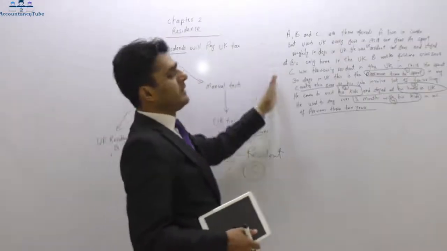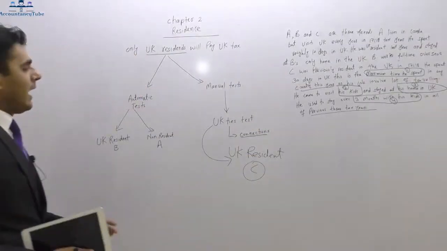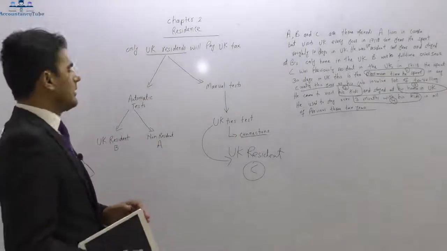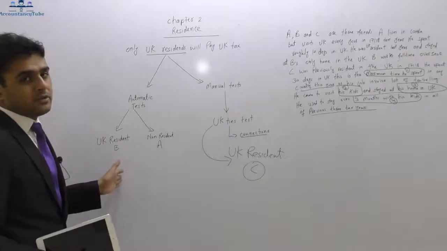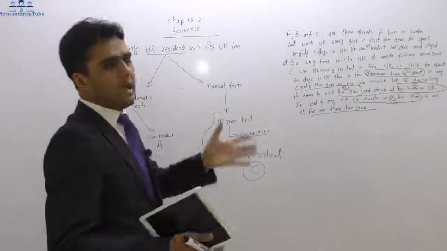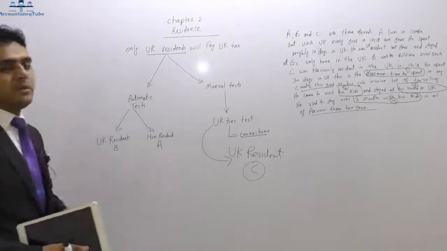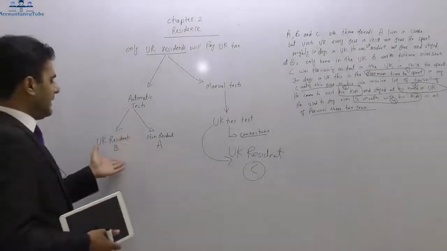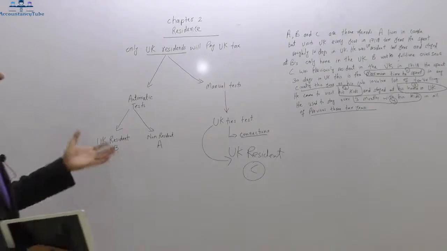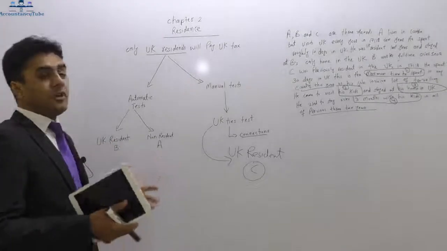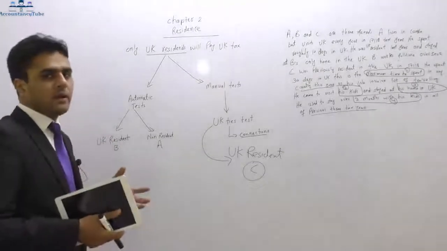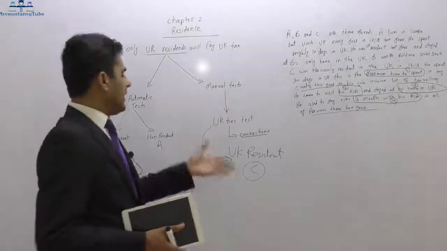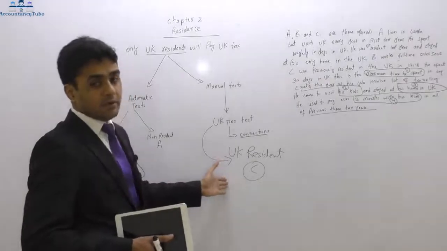Now if you see this question in the exam like that, you have to tell the examiner why A is UK resident with the help of the automatic resident test. Why? Because he spent that many days. In this case A is non-resident but B is resident. So why is B UK resident? Which test is he fulfilling? Why did you determine that he is UK resident? Likewise for C as well, why is C UK resident?